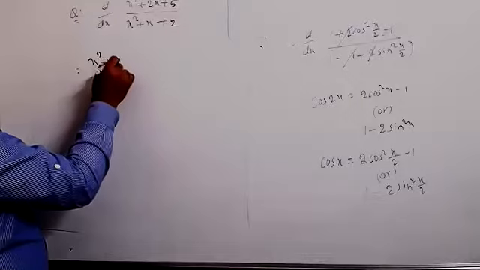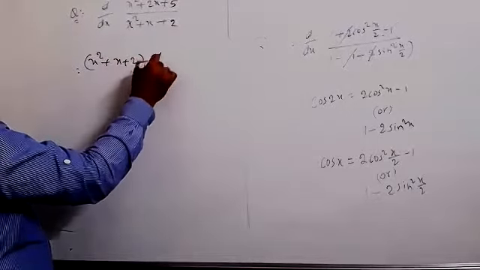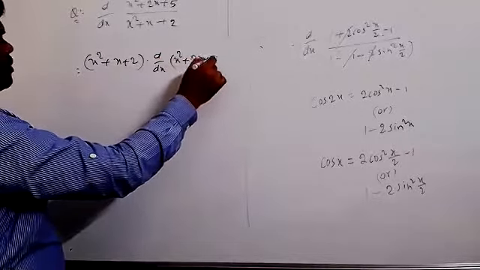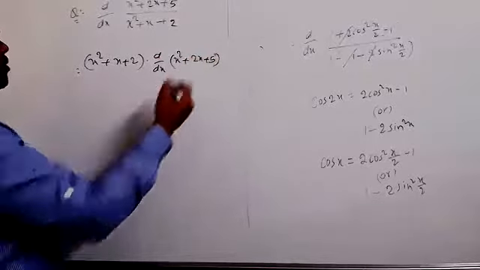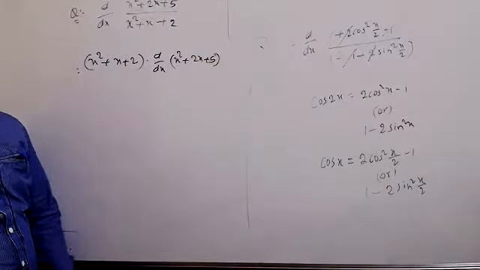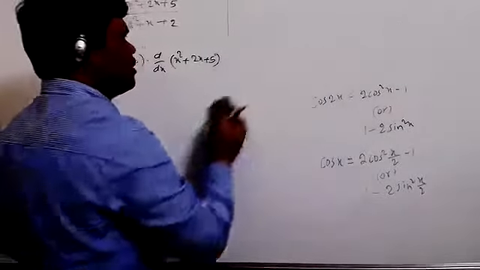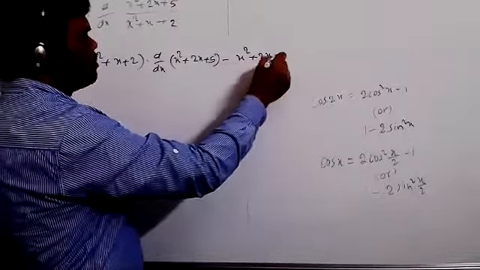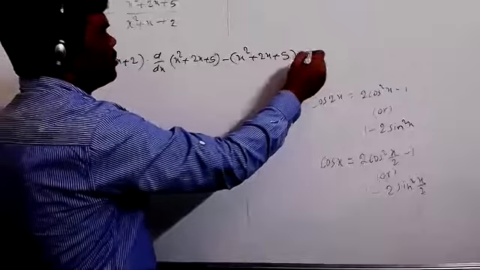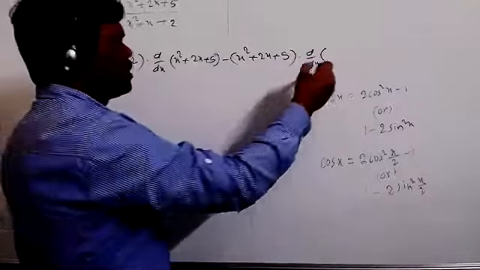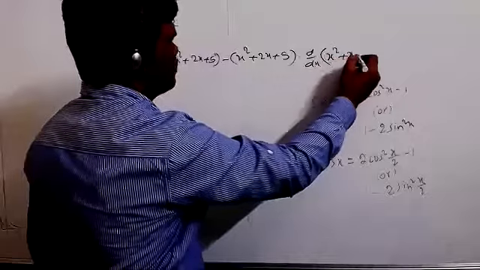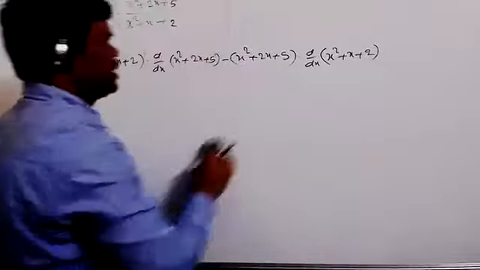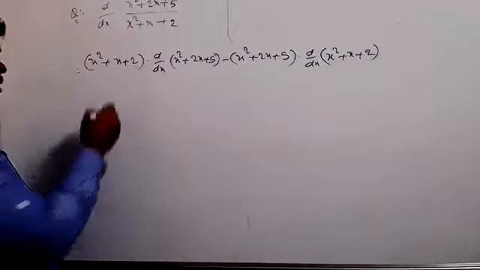This is x square plus x plus 2 into d by dx of x square plus 2x plus 5, that is 2x plus 5, minus x square plus 2x plus 5 into d by dx of x square plus x plus 2, whole by v square.